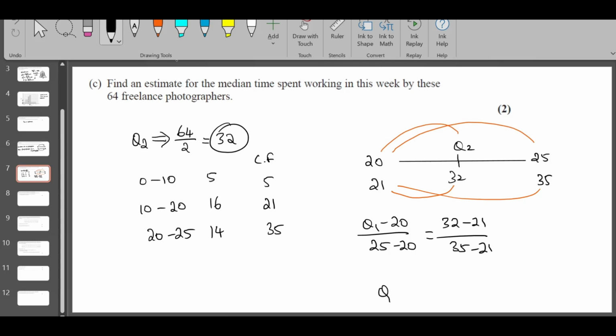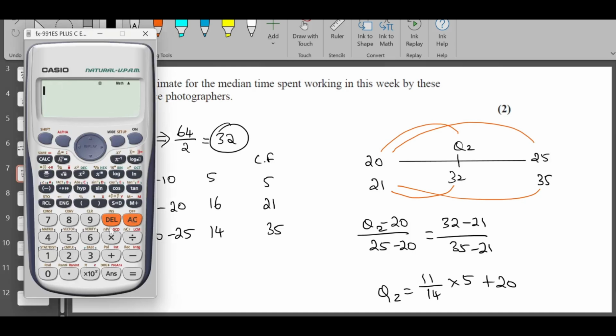Make Q2 as the subject, so you will get 32 minus 21 is 11, over 35 minus 21, which is 14, right? Times, you bring the denominator here, it becomes multiplication, and then bring the 20 here, so plus 20.